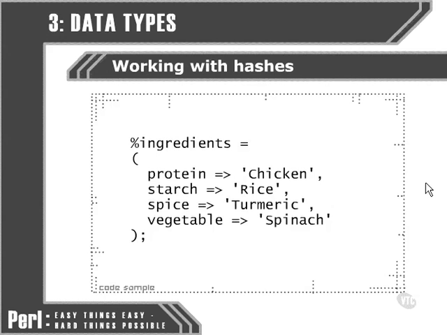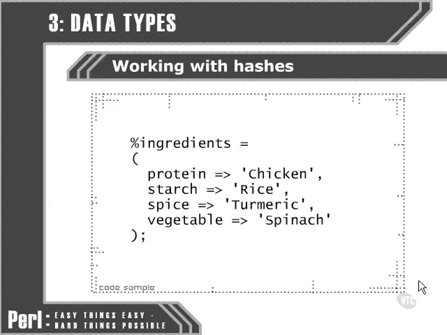And because in this example, each of the key names is only a single word, we don't have to put quotes around them. However, if we wanted to use a key name for an element within the ingredients hash that had any kind of white space in it at all, we'd need to use some quotation marks to surround that so that Perl would be able to correctly interpret this initialization.